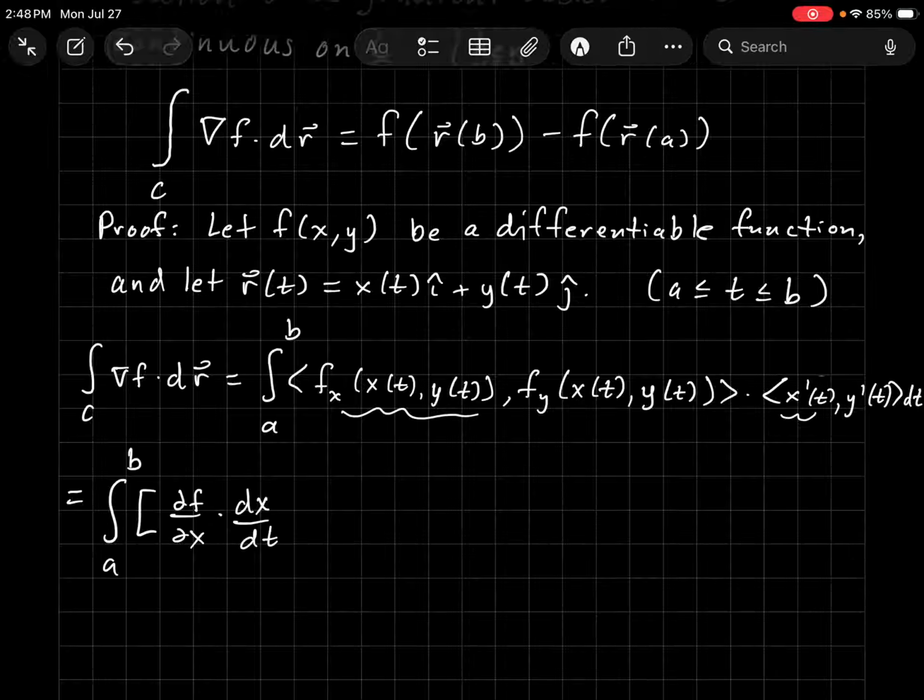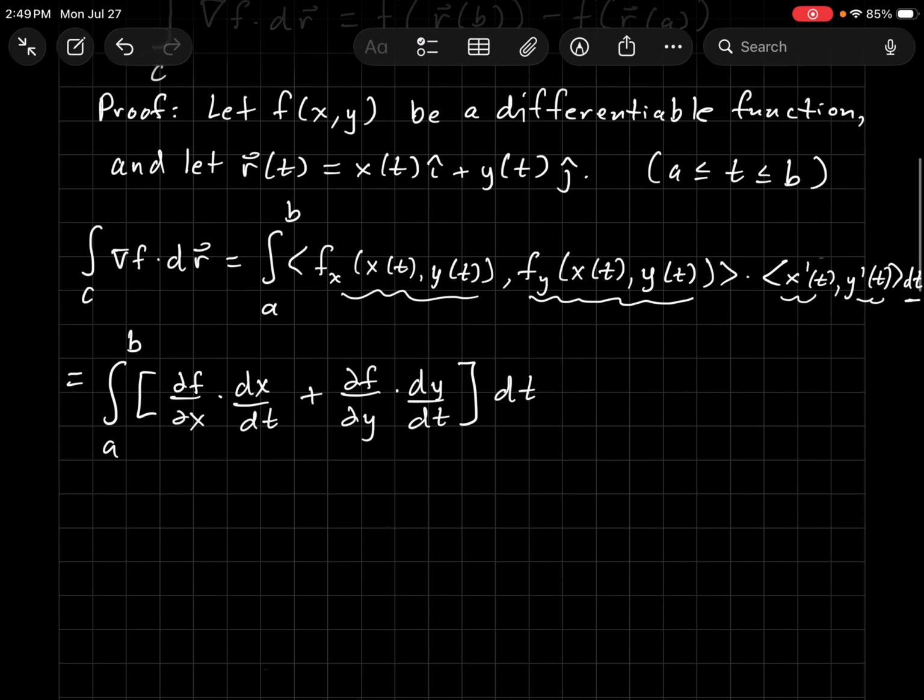Same idea, different notation. Plus, now continue the dot product, multiply this part times this part. So we're going to have the partial of f with respect to y times dy dt. And then we have this dt at the very end.